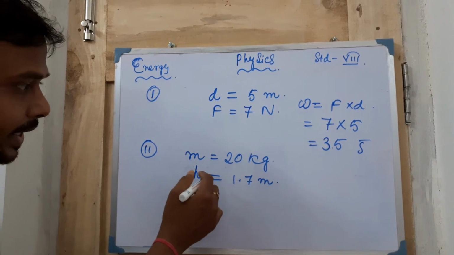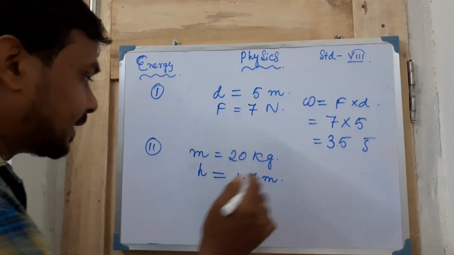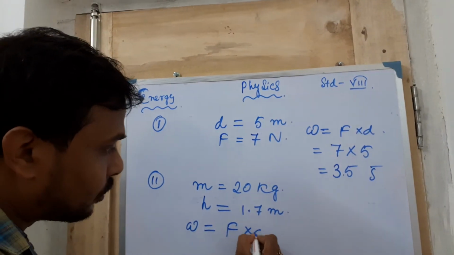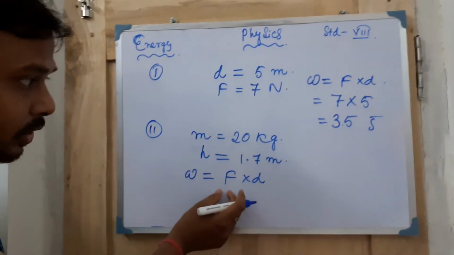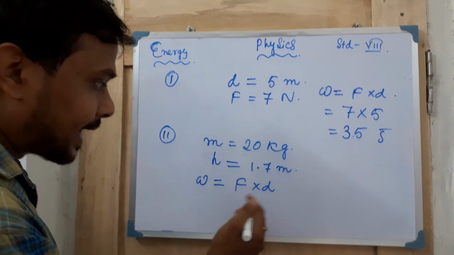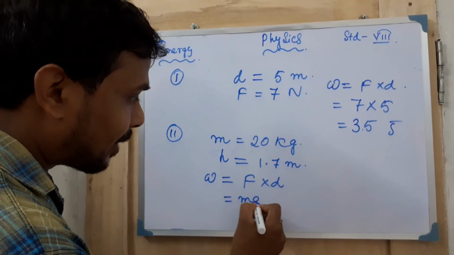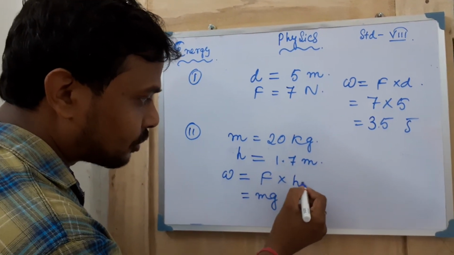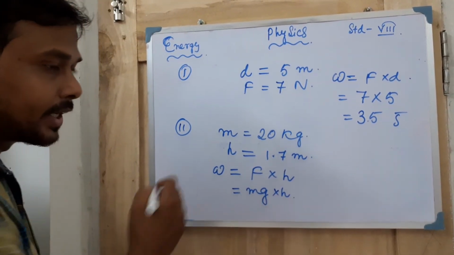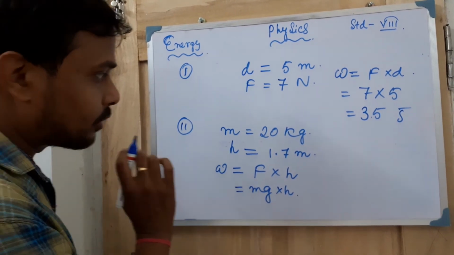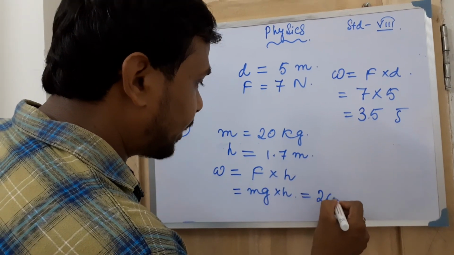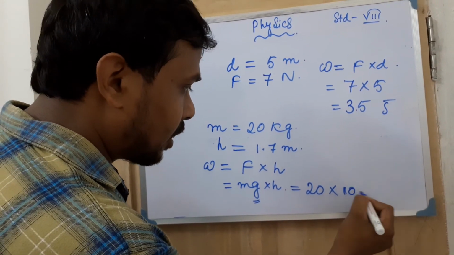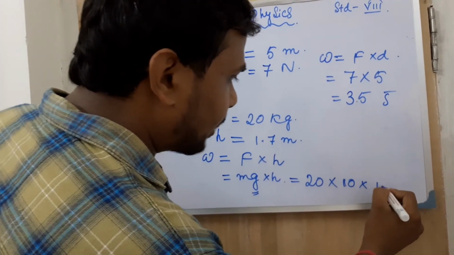In this particular case, work done is equal to F into D. The force is M into G, and D here is H. So work done is M into G into H. So 20 into 10, you can consider G as 10, into 1.7.